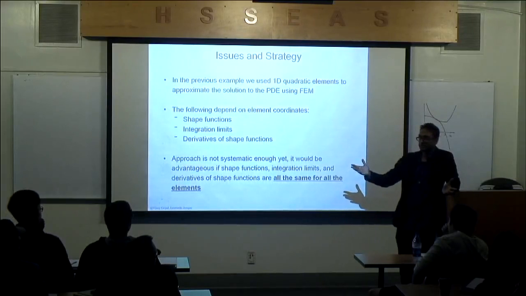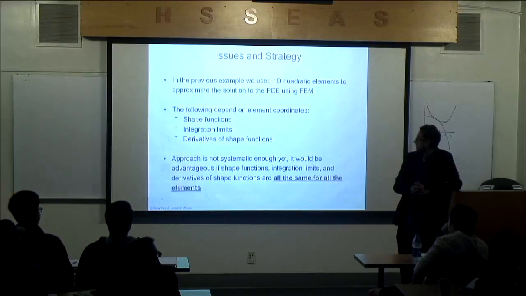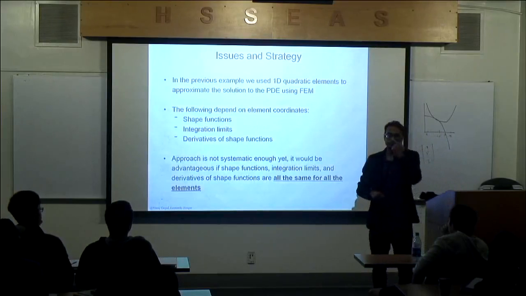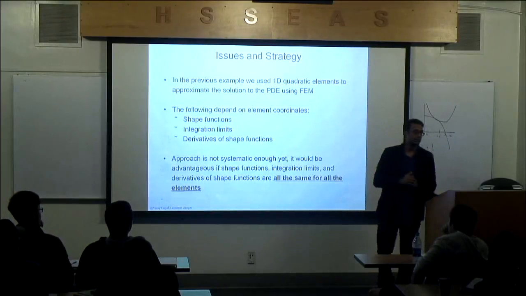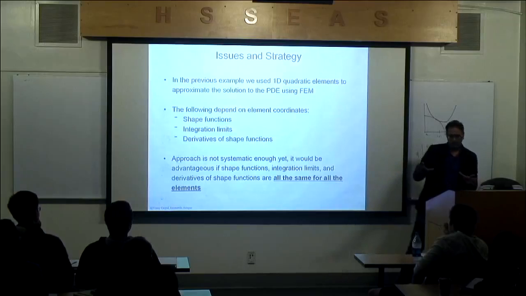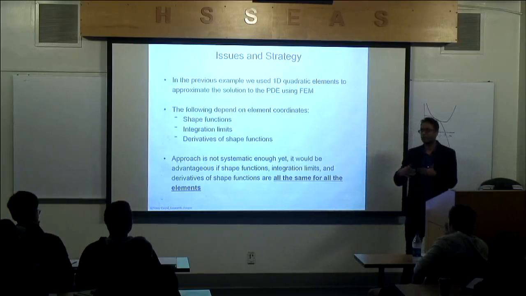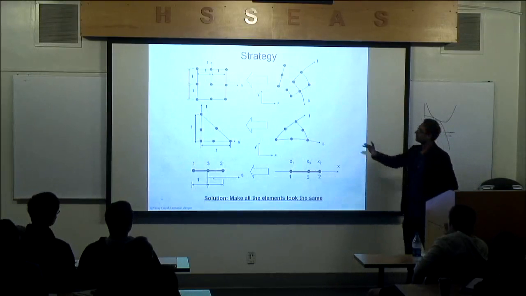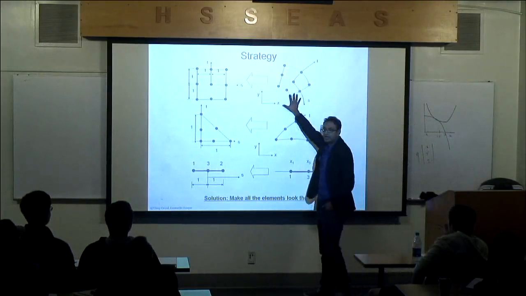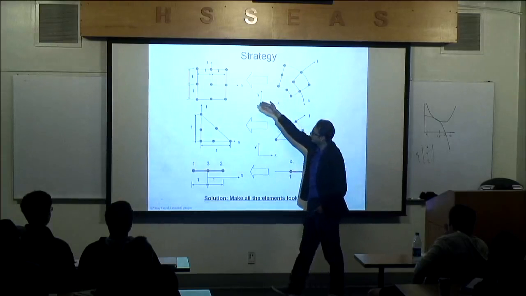I'm done. It's much easier, right? So what we'll be discussing today is an approach to doing that, okay? Because that's how finite elements is coded up, using this technique. Actually, this part blows my mind, because you can take any shape of element that I have and make it look like a square.